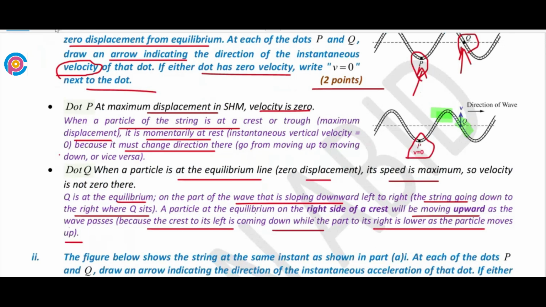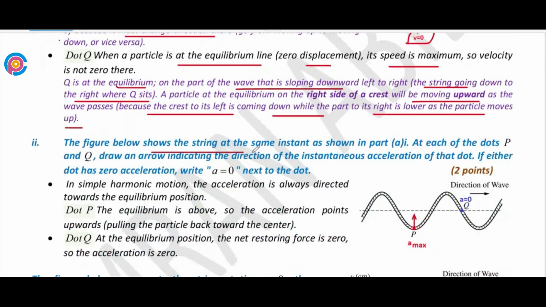The next part of the question: the figure shows the string at the same instant. At each dot, P and Q, draw an arrow indicating the instantaneous acceleration. In the previous case we discussed velocity; now we are discussing acceleration. If the dot has zero acceleration, write a = 0 next to the dot. First of all, in simple harmonic motion, acceleration is always directed toward the equilibrium position.